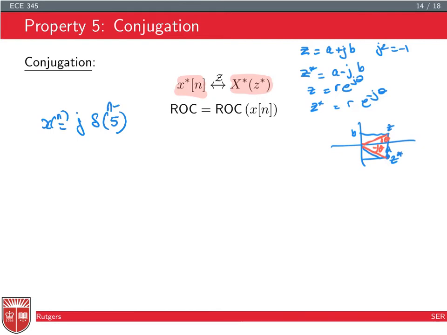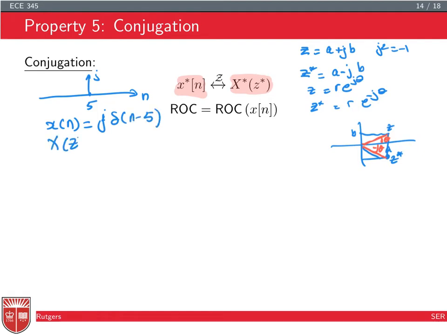Let me draw it again. At 5, I have a pulse, and the value of the signal is complex and equal to j. So this can be written as x of n equal to j delta of n minus 5.